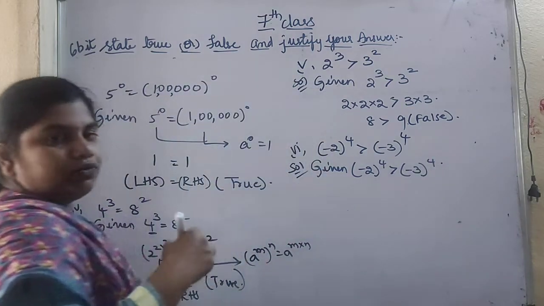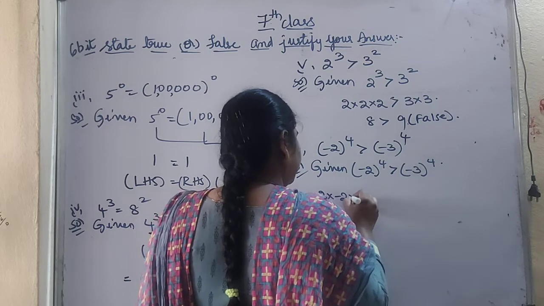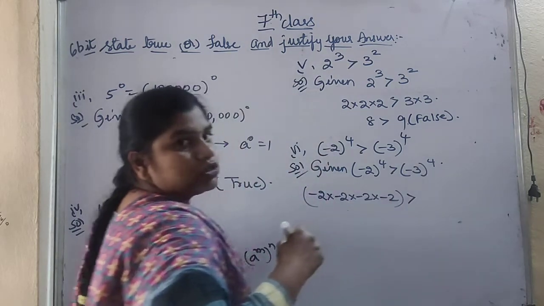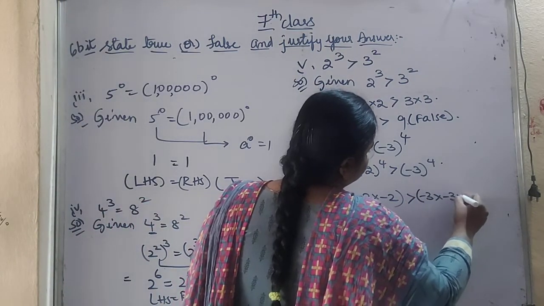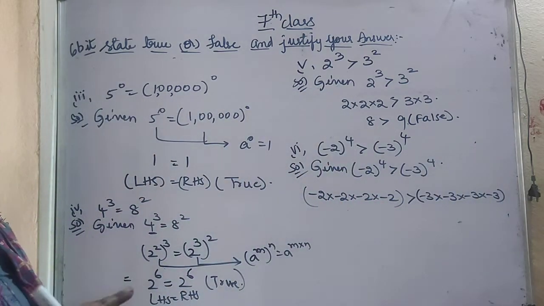So here minus 2 we have to multiply 4 times, and minus 3 also you have to multiply 4 times.